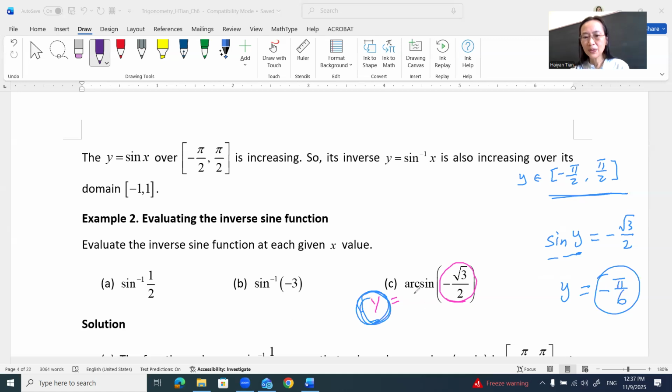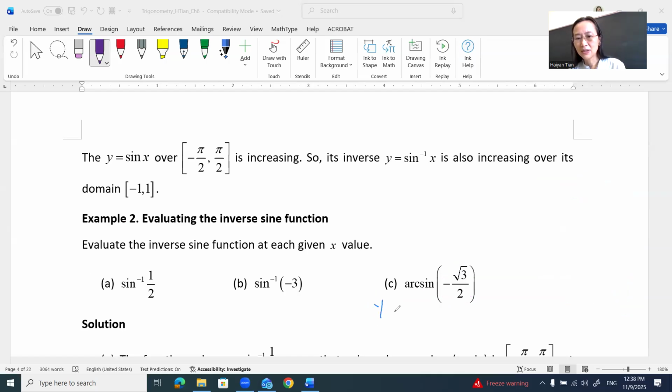So how do we evaluate the inverse sine function? It's by rewriting it, then you can make sense of the y value. If you see the inverse, this is the y value you're looking for, but you can figure out y by rewriting it into this form. So the y must be a number such that sine of y is this. And then we know this y comes only from this domain of sine.